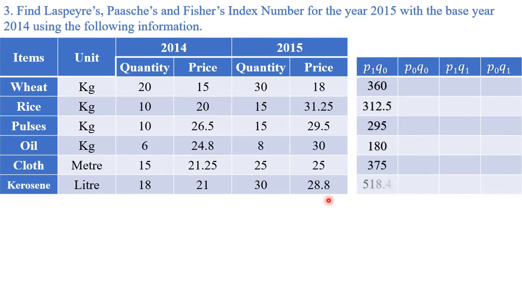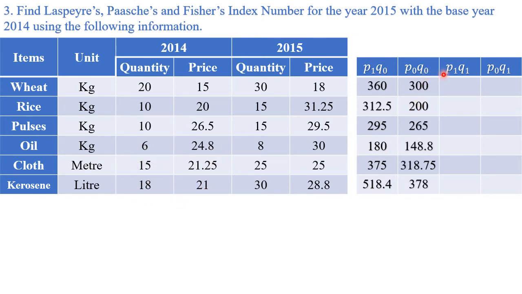Don't make a mistake while multiplying these values, else you will face wrong answers and it is very difficult to correct them after we have got the wrong answers. P0Q0, that is multiplying these two values here. All these values will be multiplied with each other and that way you can get these answers.